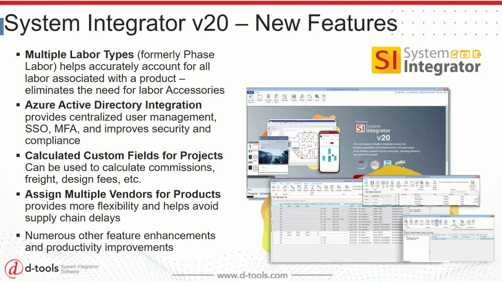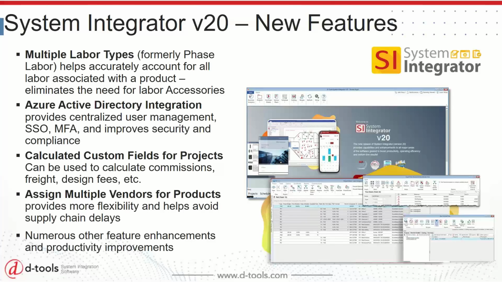So with this upgrade to version 20, we're now introducing multiple labor types for products. This was formerly referred to as phase labor in previous versions of SI. And what this means is that you can now create multiple labor types which can be applied to the products in your SI catalog. That means when you're setting up your labor rates, you can now define any number of labor types, and time can now be associated to each labor type.